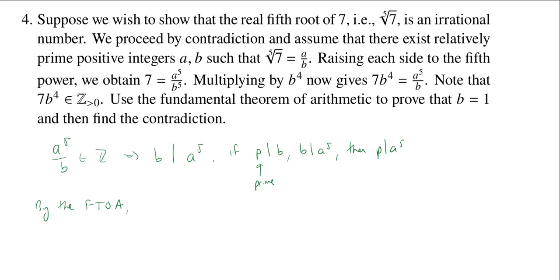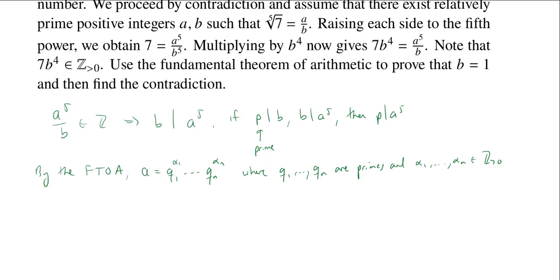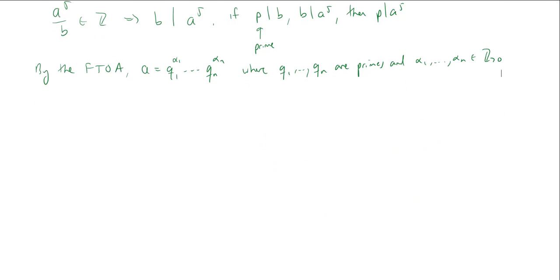Now, if p divides a to the fifth, what does a look like? a has some prime factorization, maybe we'll call it q1 to the alpha 1 through qn to the alpha n, where q1 through qn are primes, and alpha 1 through alpha n are positive integers. Those are how many times those primes occur in this unique prime factorization.